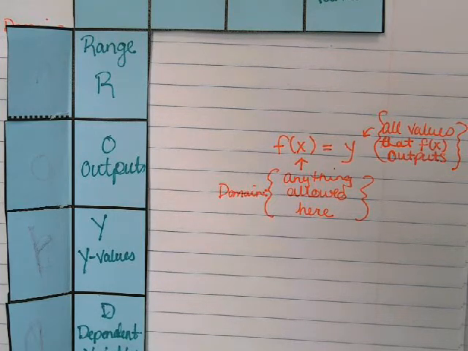Now, domain and range are infinite, right? It means we can't sit here and write down everything that we could input, nor everything that we could output. So what we do is we show that visually with a graph, or we write it in set or interval notation. We're going to get into how to do that in a second. I'm going to give you guys another handout for examples.